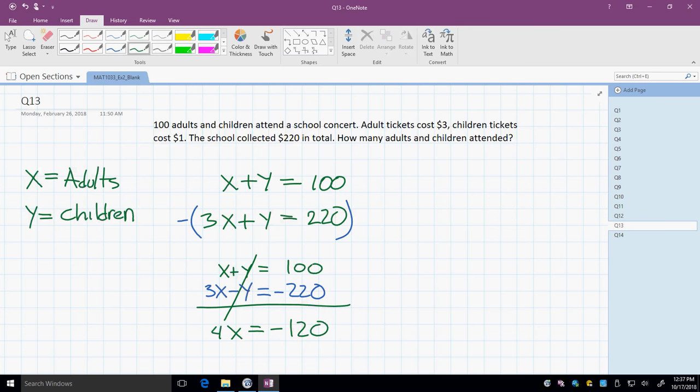Did you get the same numbers? Now divide 120 by 4. Oh, I forgot something.